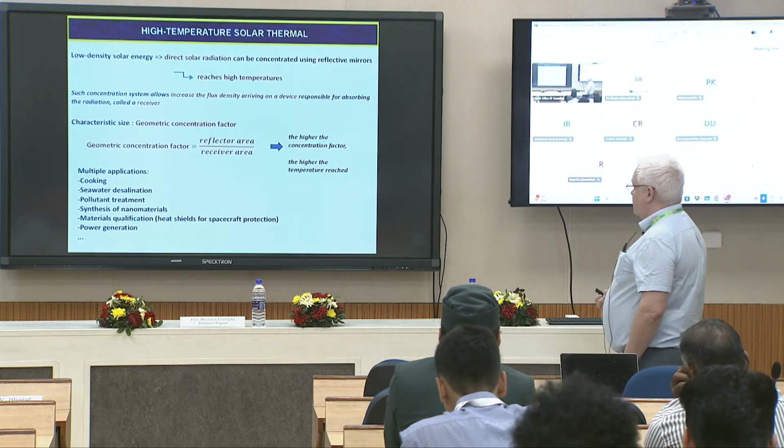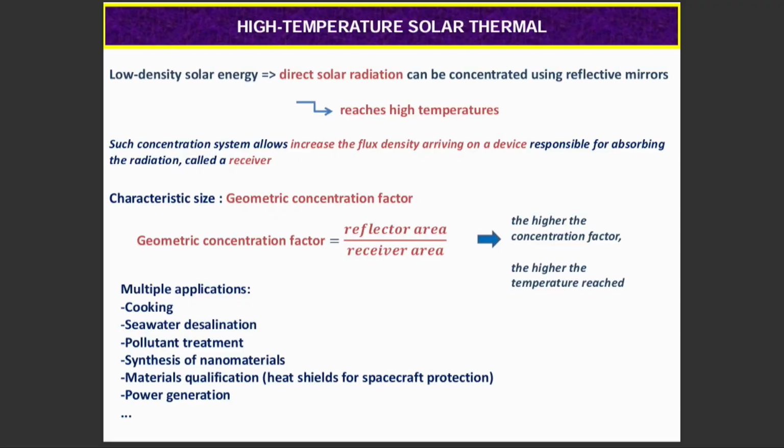So the main problem of solar energy is that it is a low density energy compared to the others. Of course, there is abundance of solar energy on Earth, but you can see the mean is only 342 watts per square meter at the surface of the Earth.